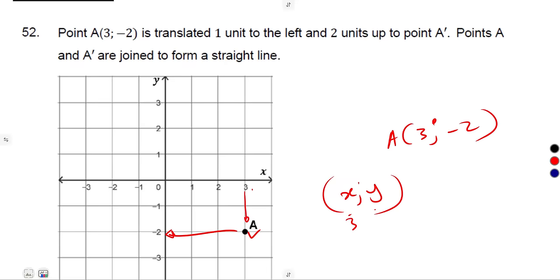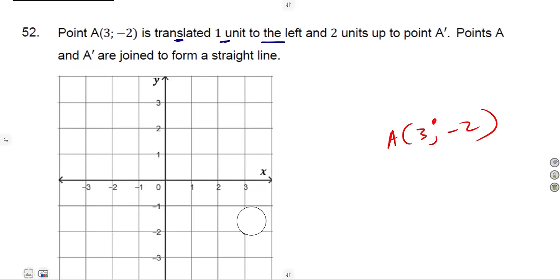So they are saying this point A, what happened to it? It is translated 1 unit to the left and 2 units up. 1 unit to the left, 1. And 2 units up, 1, 2 going up. So when it moves 2 units going up, it will end up here.